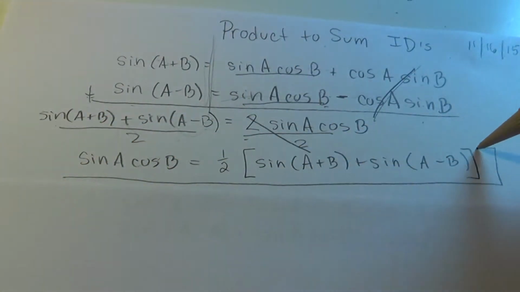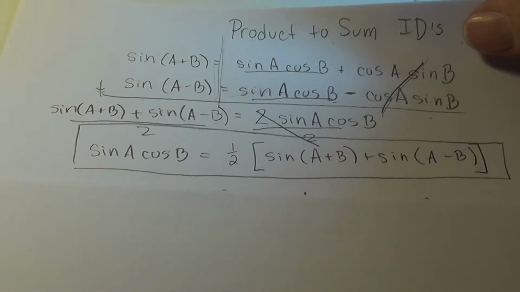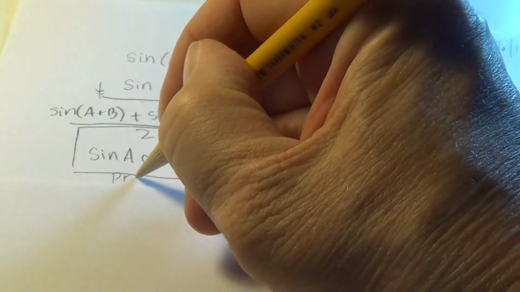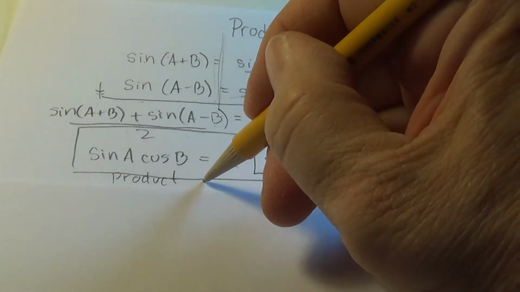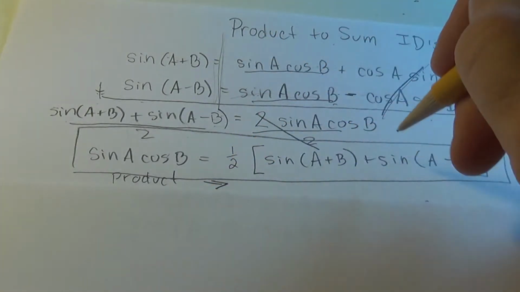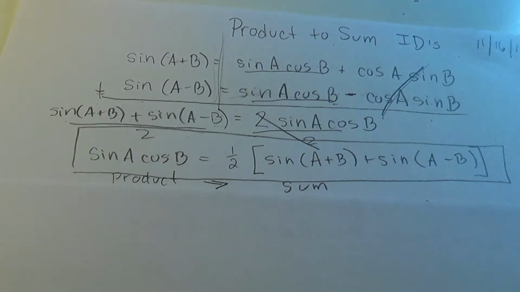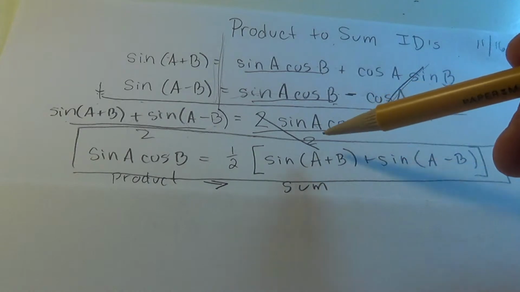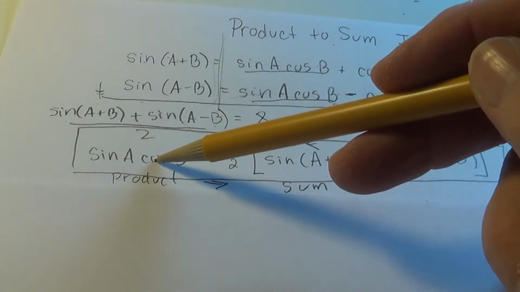And you're saying, well, what good is this one? Well, what its power is, it takes a product, 2 things multiplied together, and it writes it as a sum. That is very powerful, because you'll be sitting in the calculus class trying to integrate something that is a product, which is tough to do sometimes.